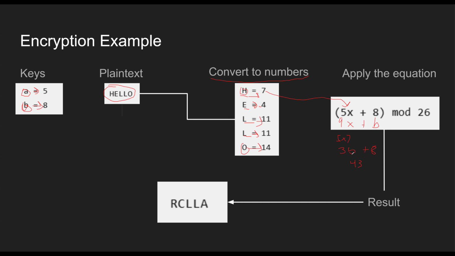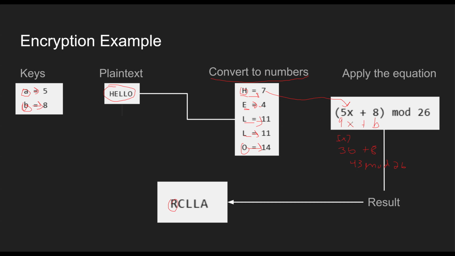And then we mod 26. And that gives us the numerical representation of R. Perfect. And we do the same thing for every single character.